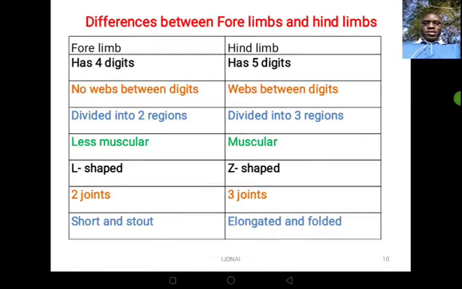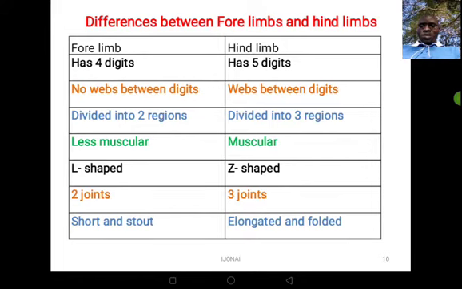Well, let's look at the differences now between the forelimb and the hind limb. If you have been observant, you have seen that the forelimb has 4 digits, 1, 2, 3, 4, and the hind limb has 5, 1, 2, 3, 4, 5. So that's the first difference between the two limbs.